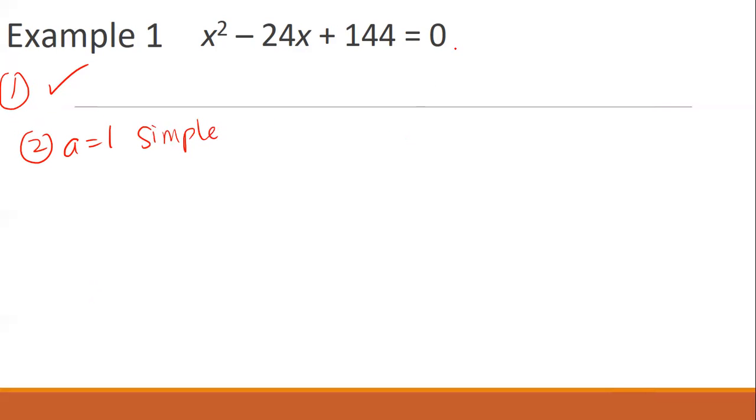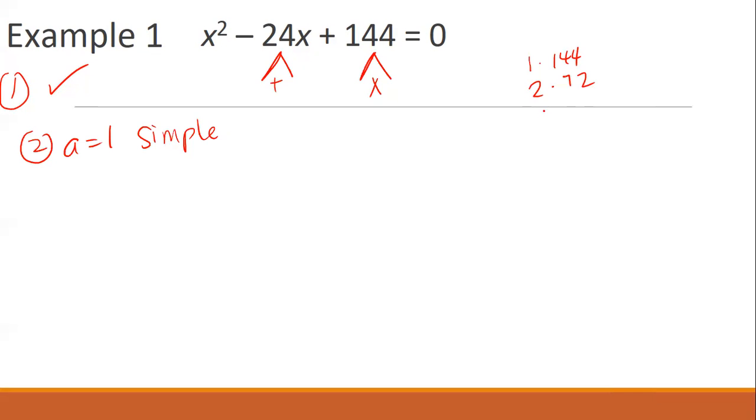And simple factor means all I'm asking myself is what multiplies to give me 144, but adds to give me negative 24, right? So the factors of 144, we have 1 and 144. We have 2 and, I just had a brain fart, 72.